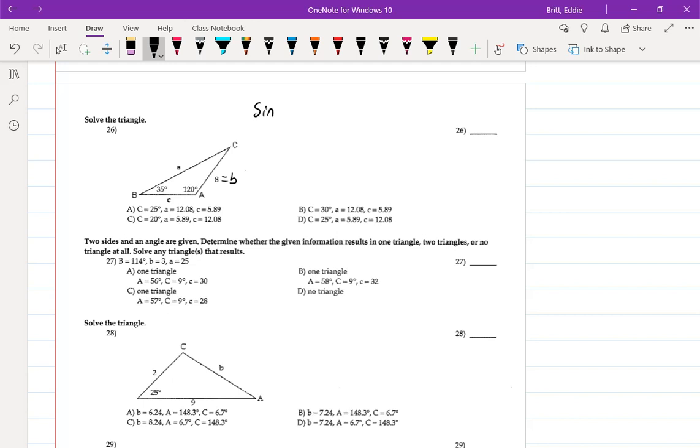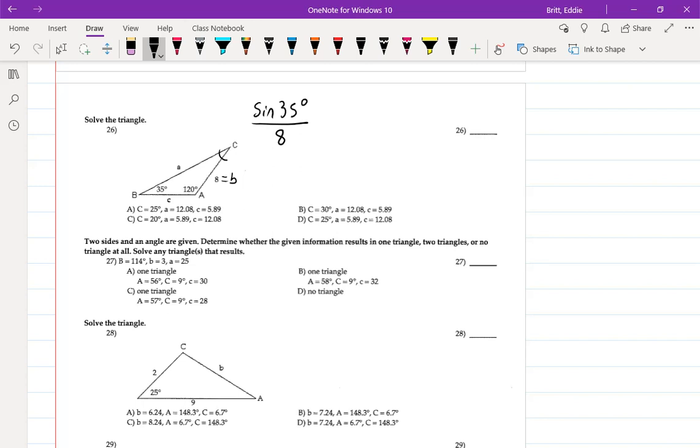So I'm going to say the sine of 35 degrees over 8, that is the ratio that I'm going to use to solve for side A and side C. Now I can figure out angle C really easy, right?